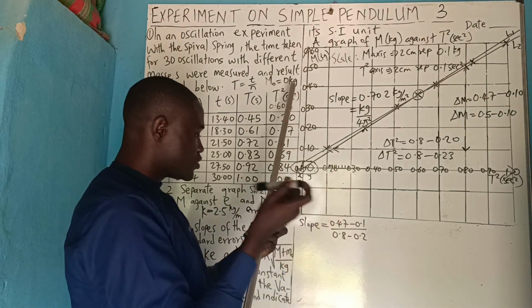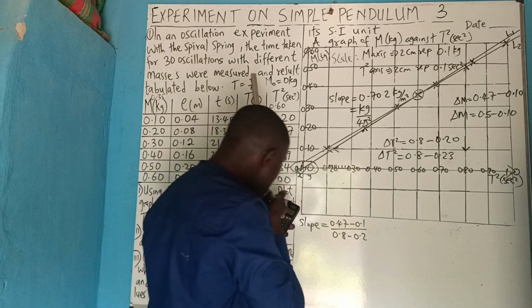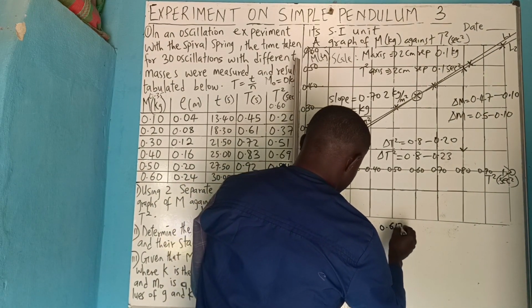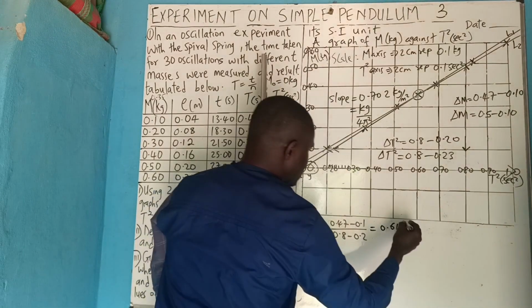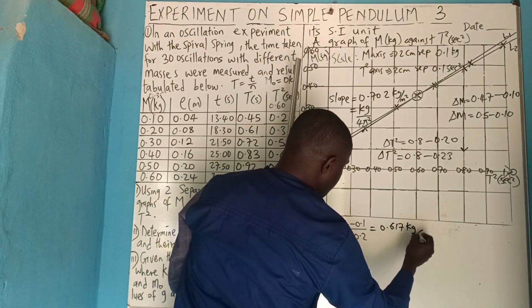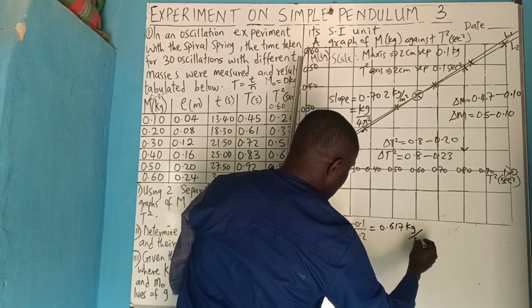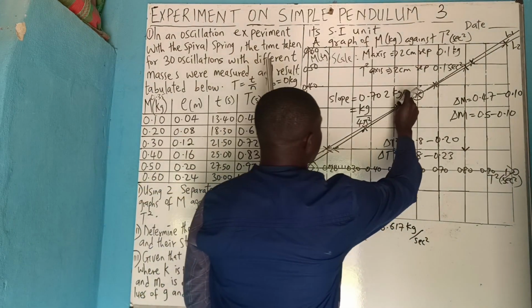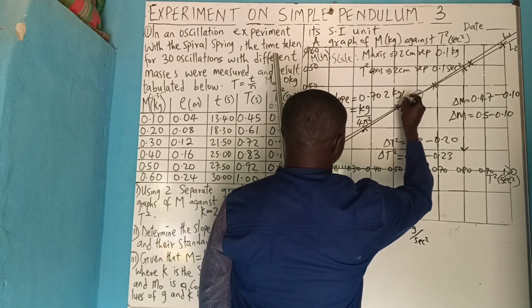So we'll be having 0.617. The unit is kilogram per second squared. Kilogram per second square, please, not meter square.